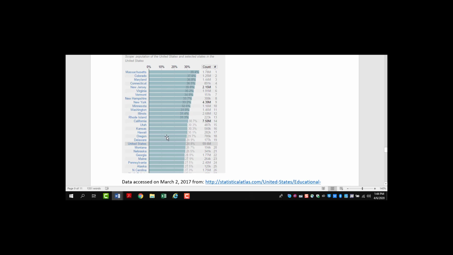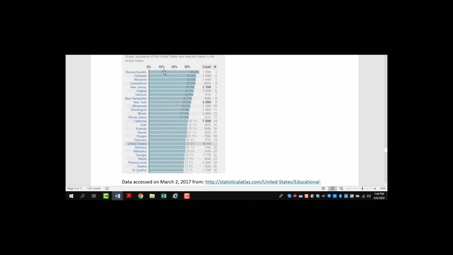This is actually sorted by the percentage of people in the population of the different states that have a college degree. So it's the percent of the population 25 and over with a bachelor's degree or higher.